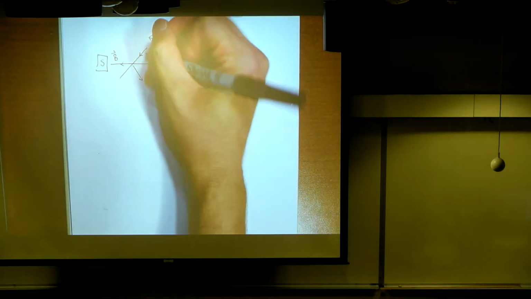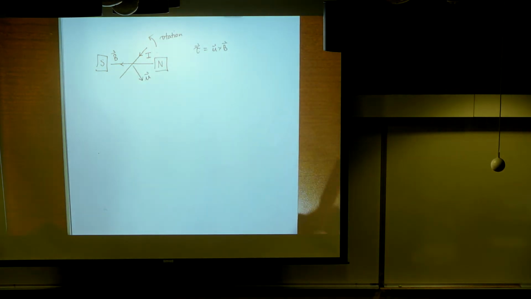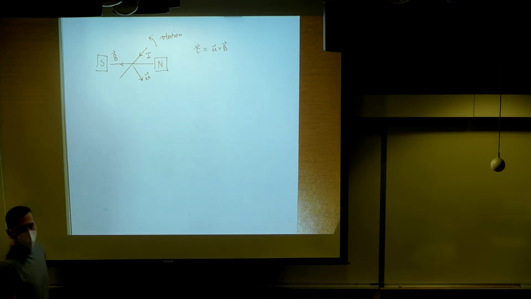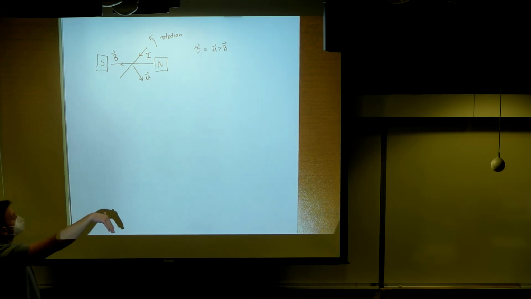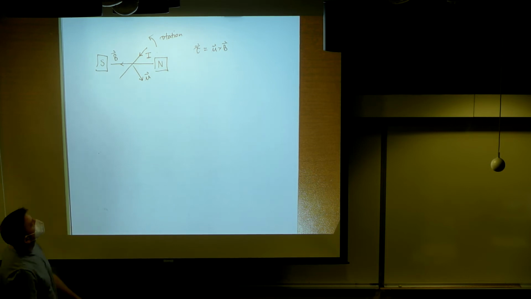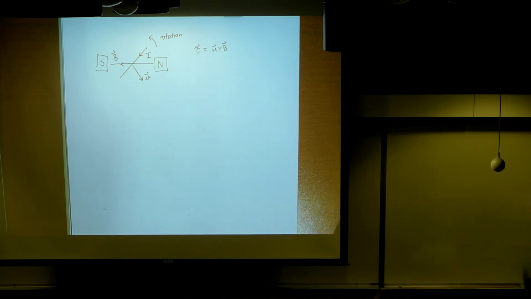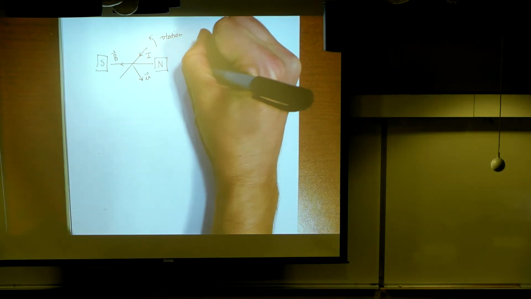Do we agree? That's our mu vector? Okay, so now we have to do mu cross B to figure out what kind of torque we're going to be feeling. So we got mu like this, we got B like this. Looks like my thumb is into the page, right? So it looks like my torque's going this way.